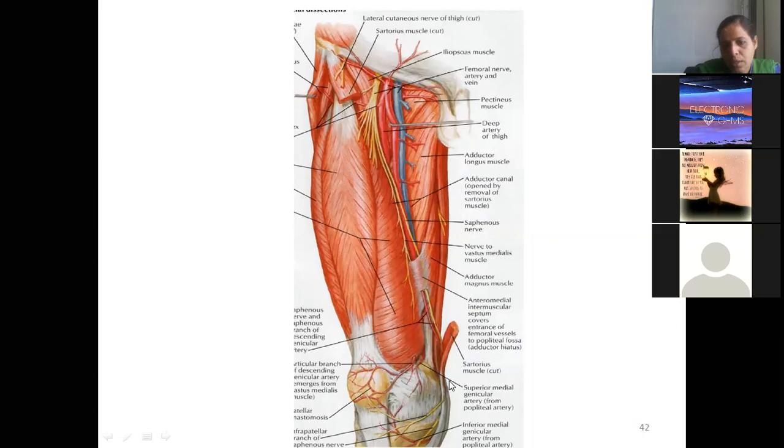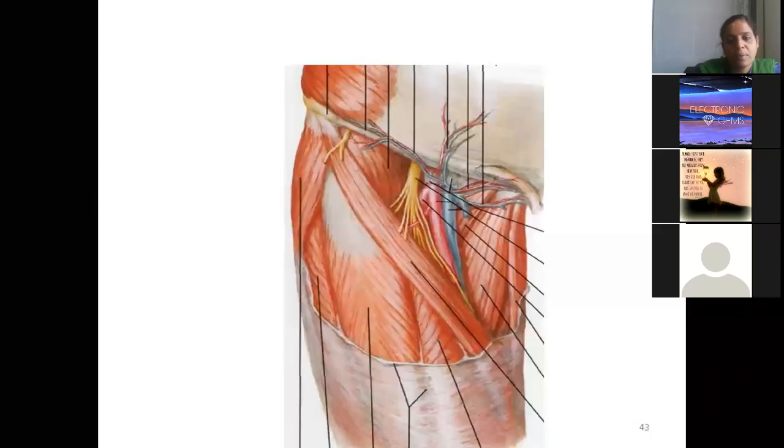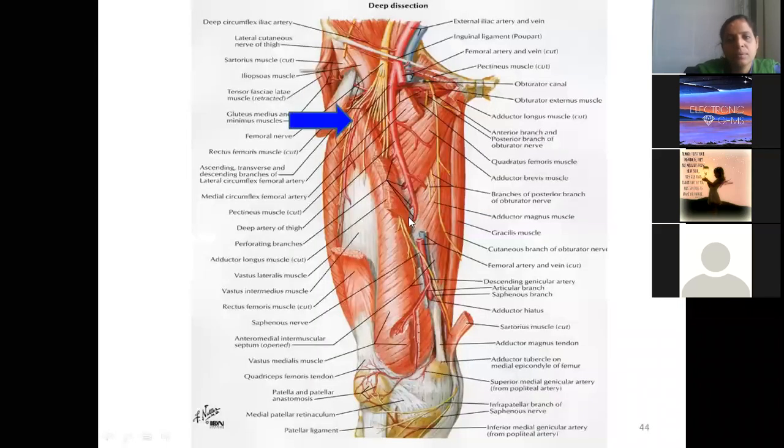The saphenous nerve is going on the medial aspect of the leg, and it continues its journey up to the medial aspect of the foot, up to the ball of the great toe. That you remember. So this is our femoral nerve. These are the posterior divisions which are going and supplying muscles: vastus lateralis, intermedius, medialis, and rectus femoris.